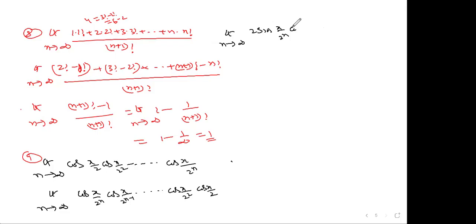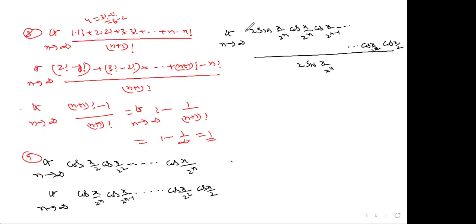I want to multiply this in the numerator: cos x by 2 to the power of n, and cos x by 2 to the power of n minus 1, and so on, down to cos x by 2 square and cos x by 2, whole divided by this. Because I multiplied sine, here I also have to multiply 2 to the power of n.